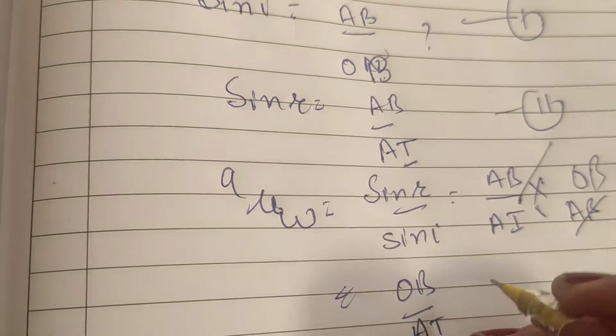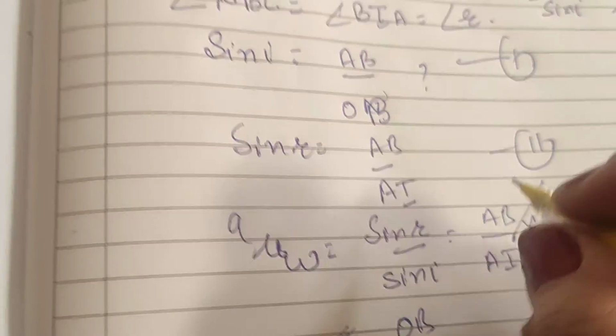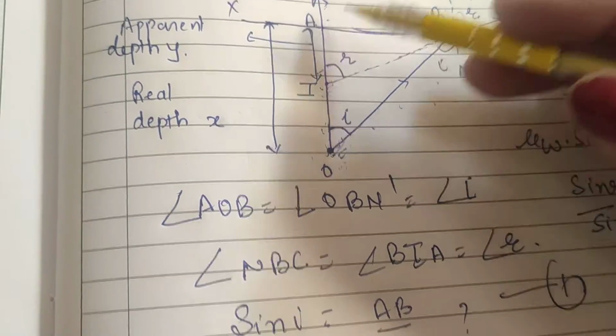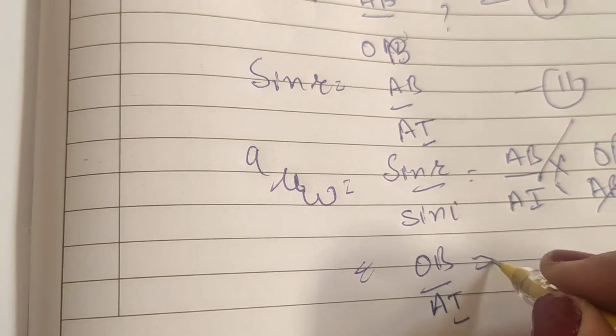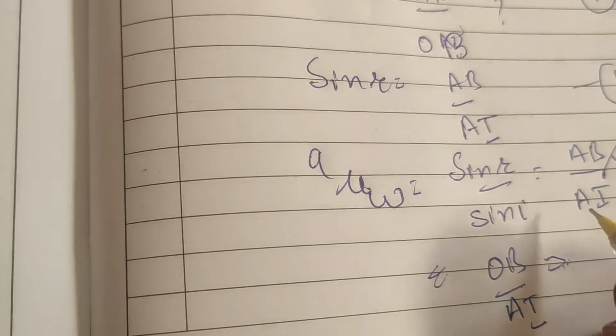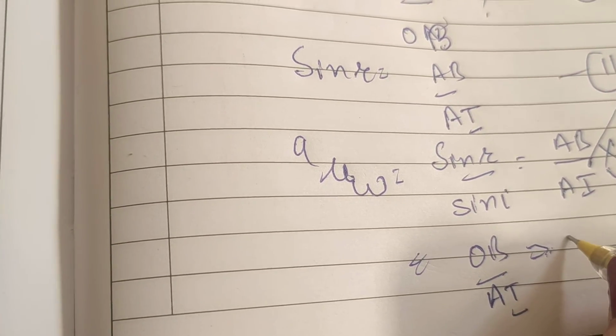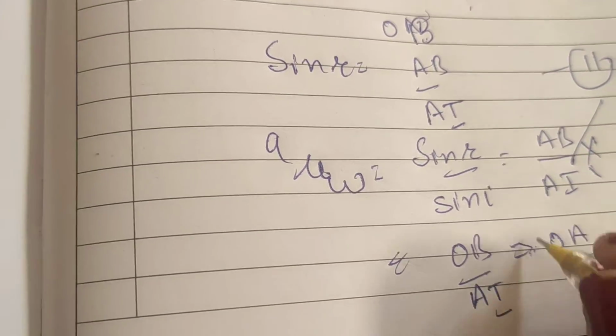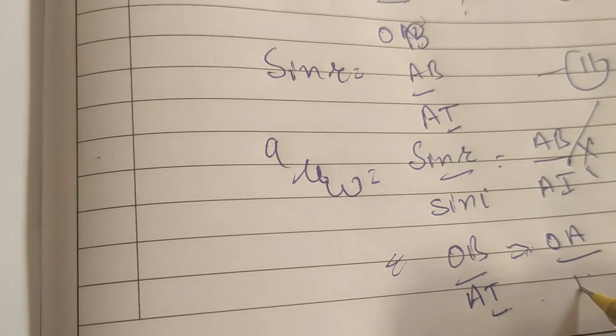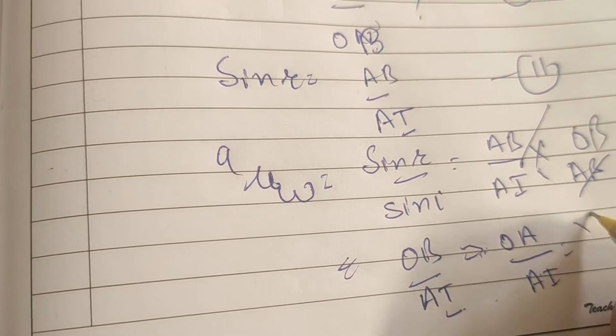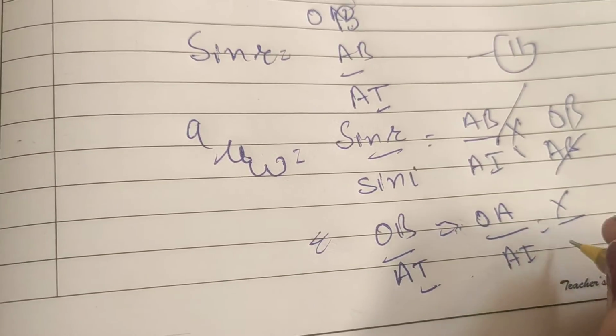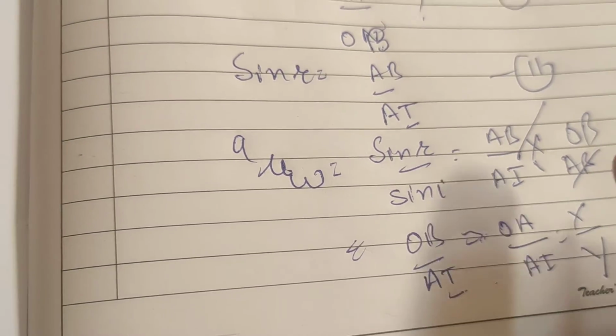So in that case, OB is OA upon AI. Now OA was x, which is the actual depth, and AI was y, which is the apparent depth.